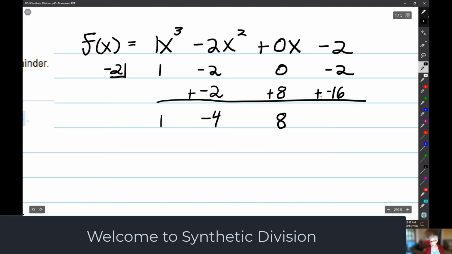Negative 2 plus negative 16 is negative 18. It's customary to make a dashed kind of forward L around the last number because the last number is always your remainder.